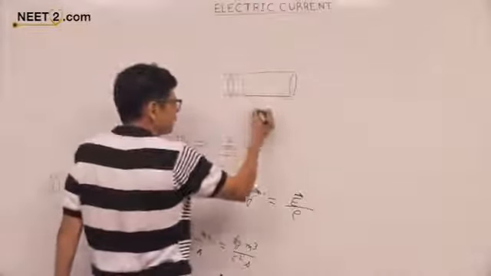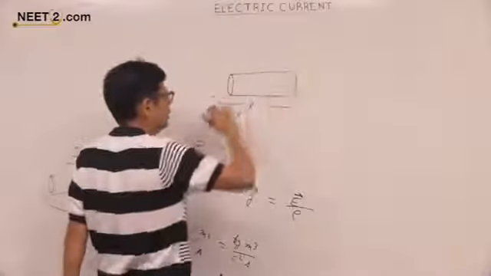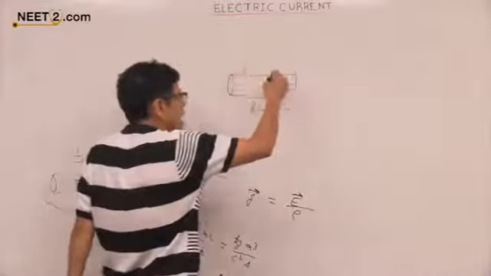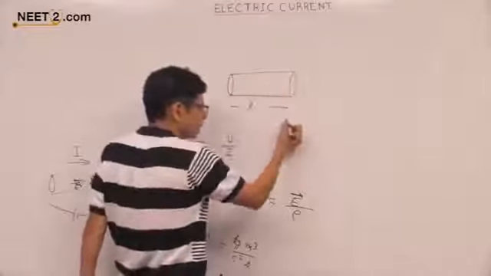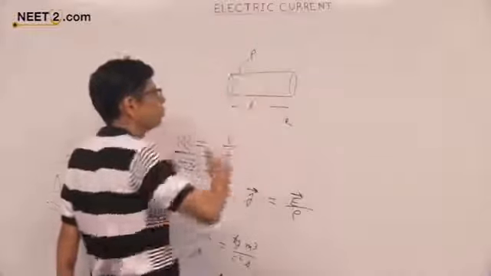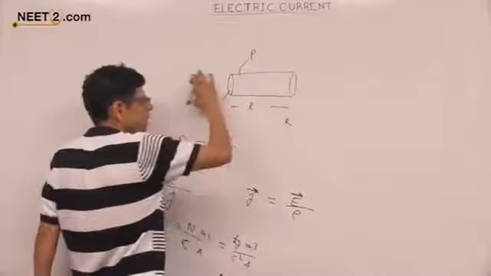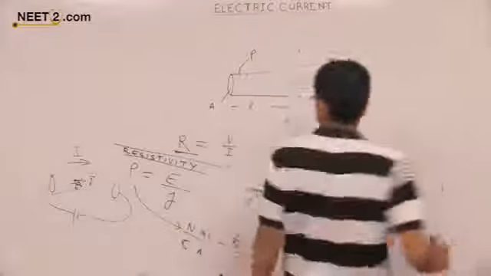Let's consider the following situation. This is a conductor of length L, and I wish to find out its resistance. Its material is such that its resistivity is rho. The area of cross section is A, and it's the same throughout.